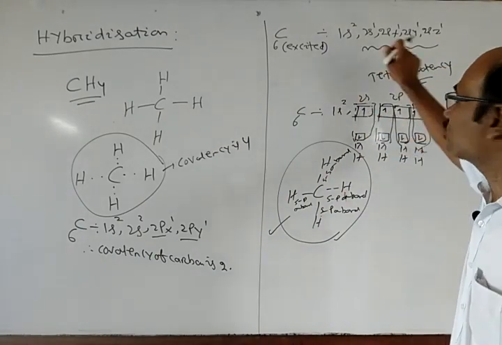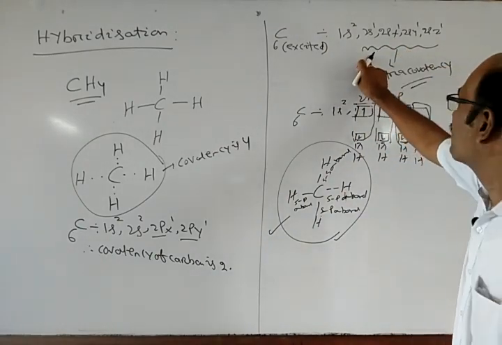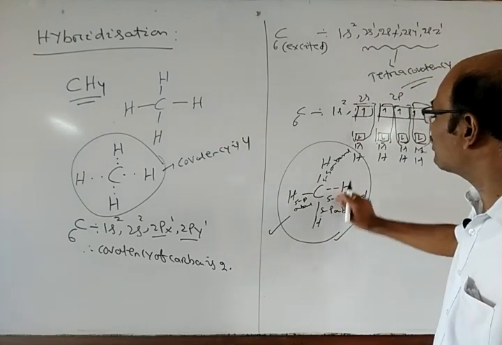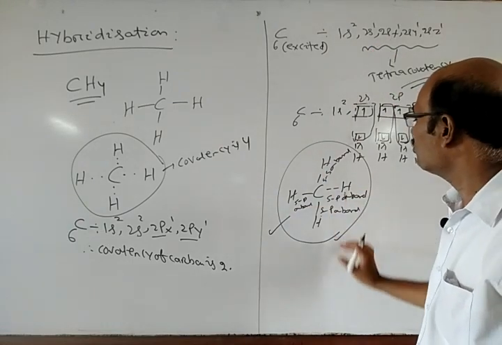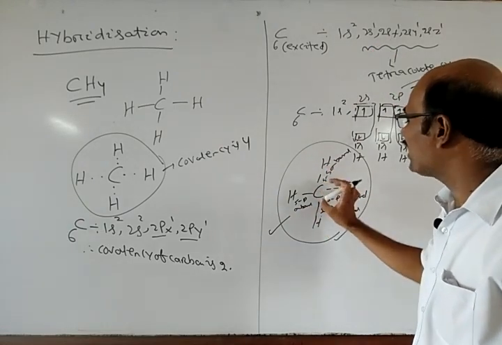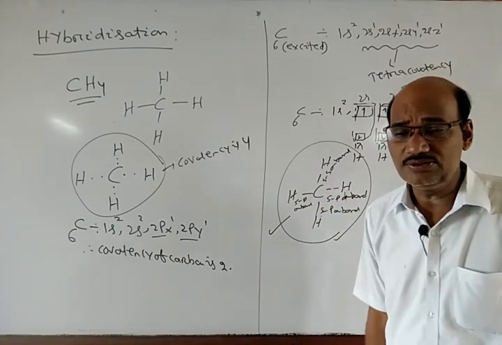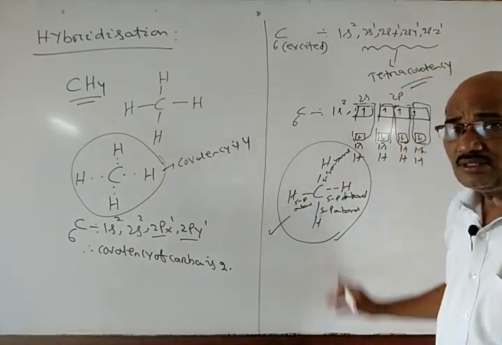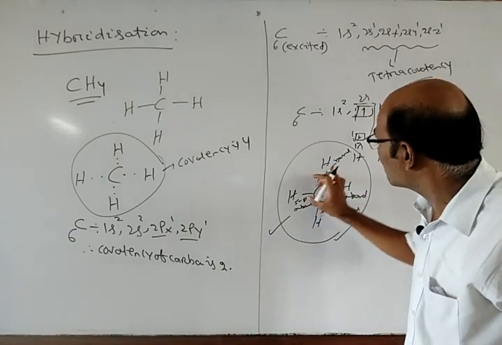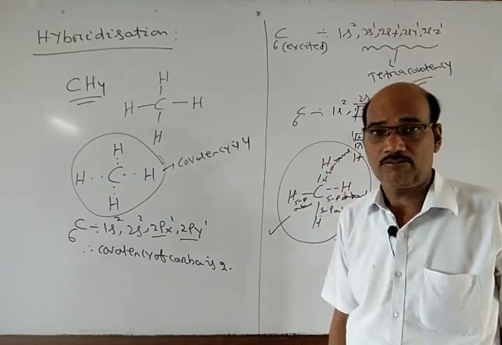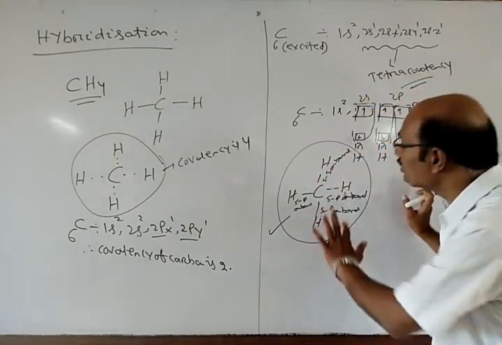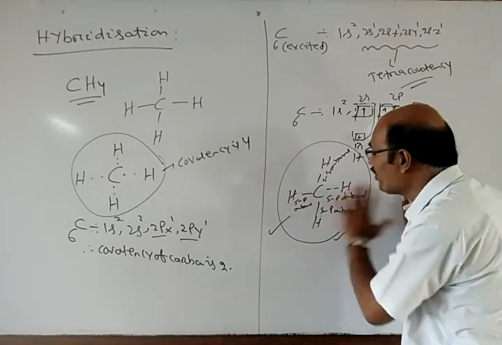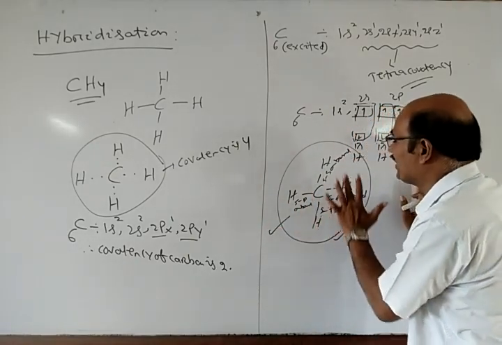So after the promotion, because in CH4 all the CH bonds have equal bond length, that means the characteristics of all the sigma bonds are the same. That means all these sigma bonds are not sp and ss sigma bonds.